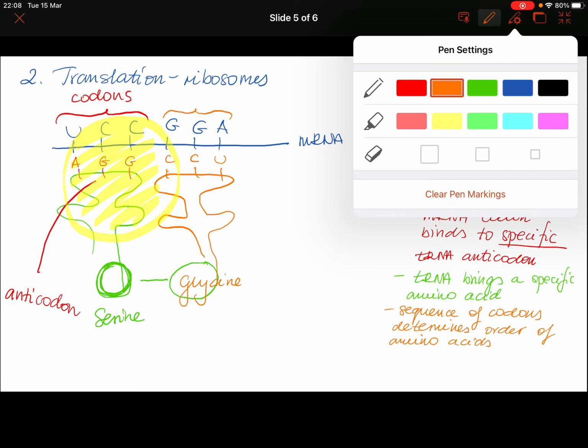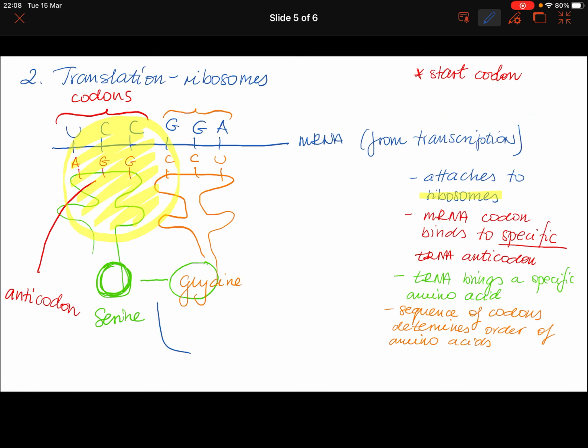Obviously, the amino acids are joined together through the condensation reaction, which is the removal of water. The bond that is formed between those amino acids, of course, is called a peptide bond.